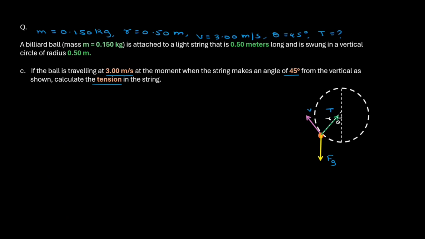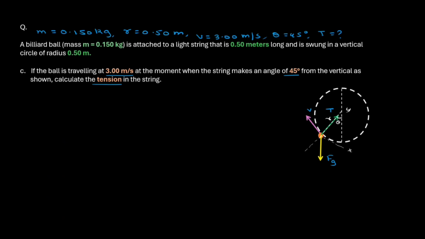Now, since the radius vector is making an angle theta with the vertical here, to simplify our problem, we will choose the coordinate axis such that the y-axis lies along the radius vector, that is along the tension in the string. So I can write this as my y-axis. And the x-axis will be an axis perpendicular to it. So this is x. Then from the figure, we can see that tension T is along the y-axis.